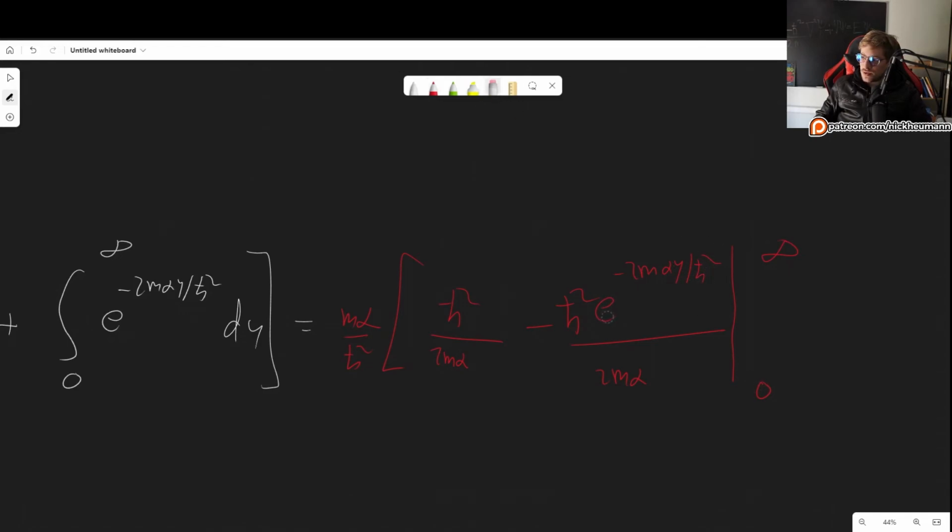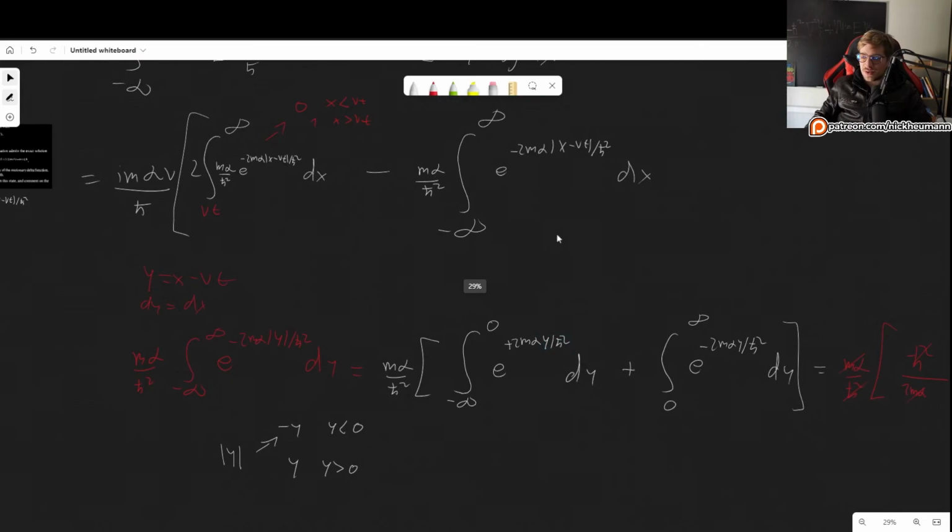And at 0, the exponential is 1, but we get a minus sign in front, right? Because it is minus that thing evaluated at 0. So there we go. And notice that this cancels out. Then m alpha cancels out. And we get 1/2 plus 1/2, which is 1. So our integral is indeed normalized.